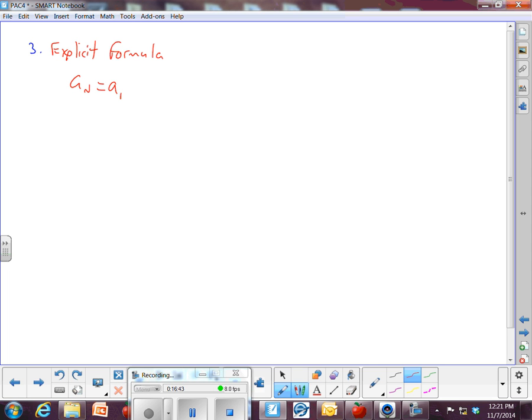Now, for the arithmetic, we had to go plus parentheses n minus 1 times d. We still have an n minus 1. We don't have a d, though. We have an r. So this is times r. And believe it or not, the n minus 1 is an exponent.